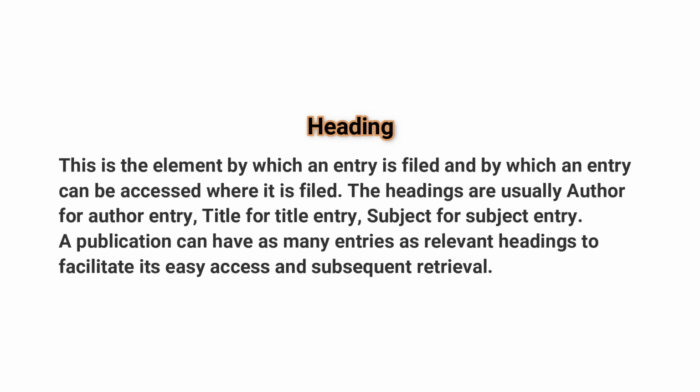The headings are usually author for author entry, title for title entry, subject for subject entry. A publication can have as many entries as relevant headings to facilitate its easy access and subsequent retrieval.